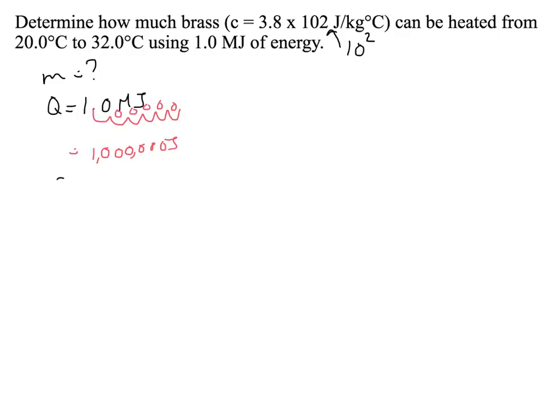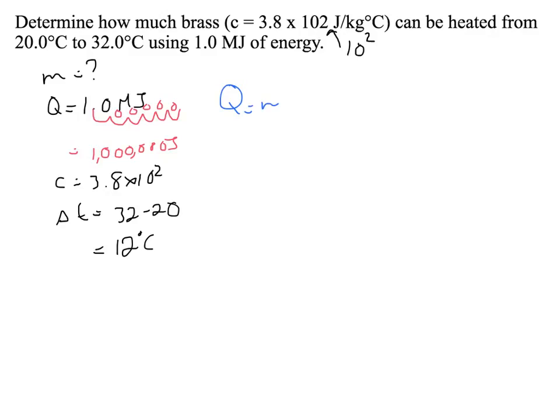We also know C, 3.8 times 10 to the 2, and we know delta T, 32 minus 20, which equals 12 degrees Celsius. Put it into our trusty equation.